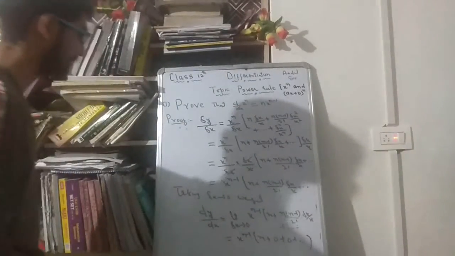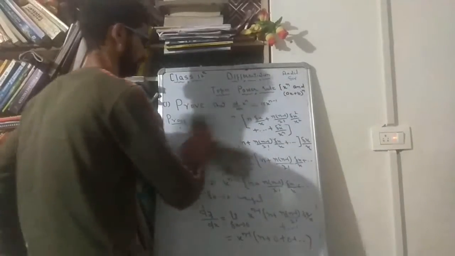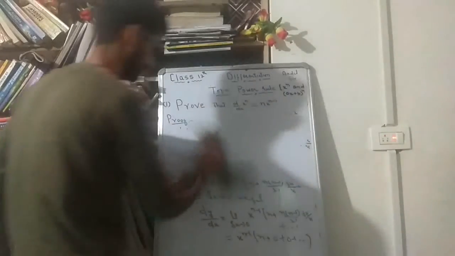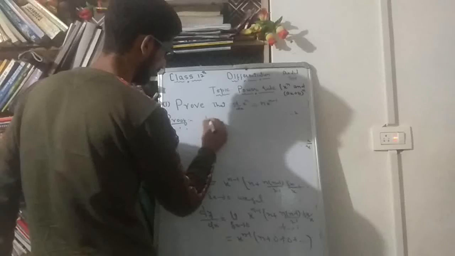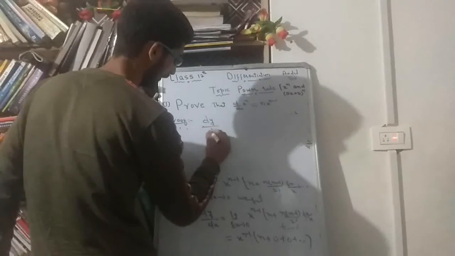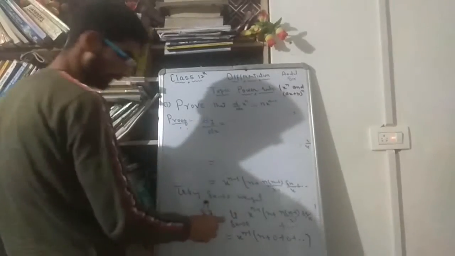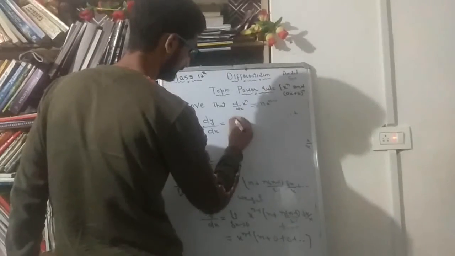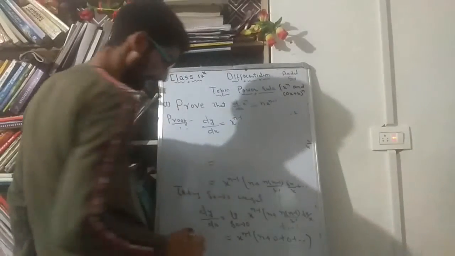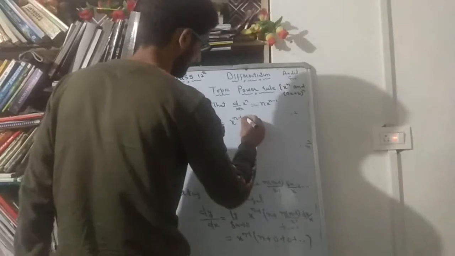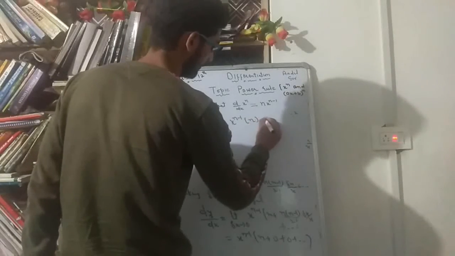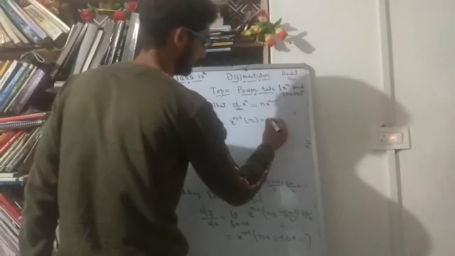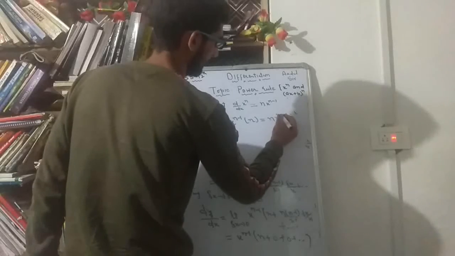So now we are getting dy by dx equal to x raised to the power n minus 1, and then n. So it will be n into x raised to n minus 1.